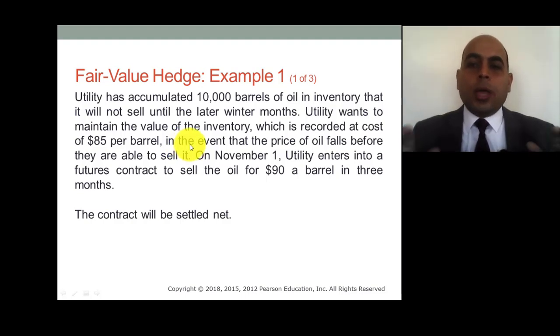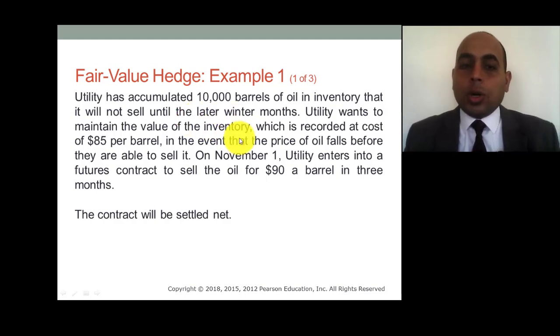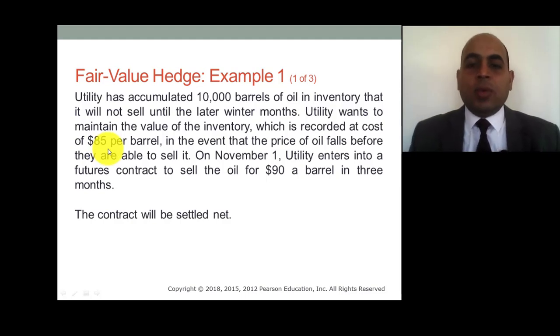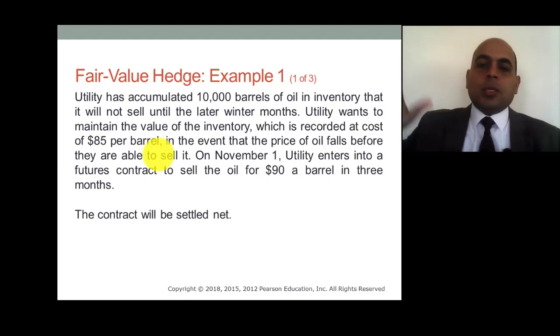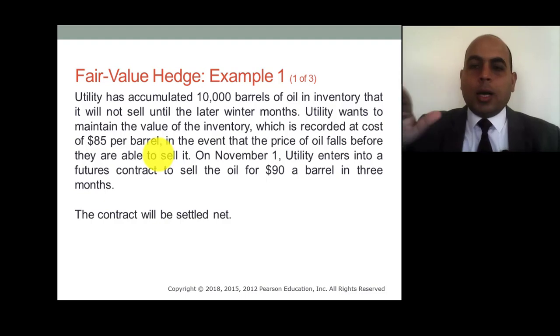They want to protect themselves against the fluctuation of the inventory prices, which is recorded at cost of $85 per barrel, in the event that the price of oil falls before they are able to sell it, because we fear that the price of oil falls before we are able to sell it.